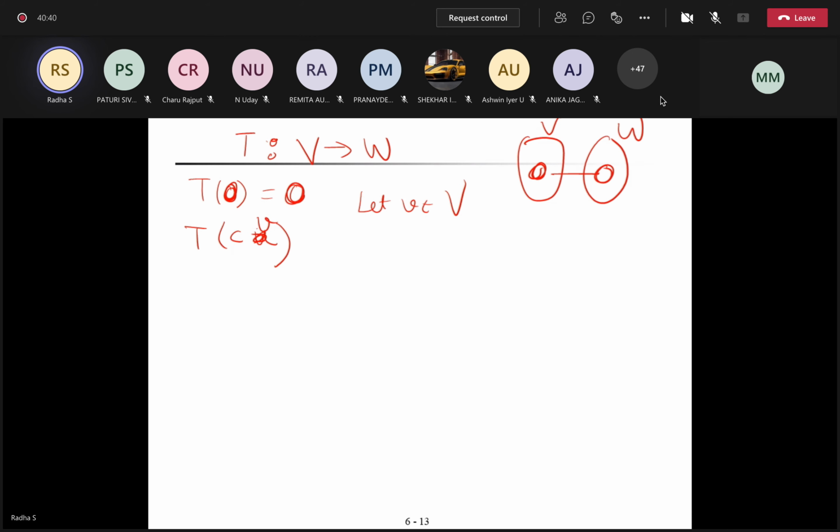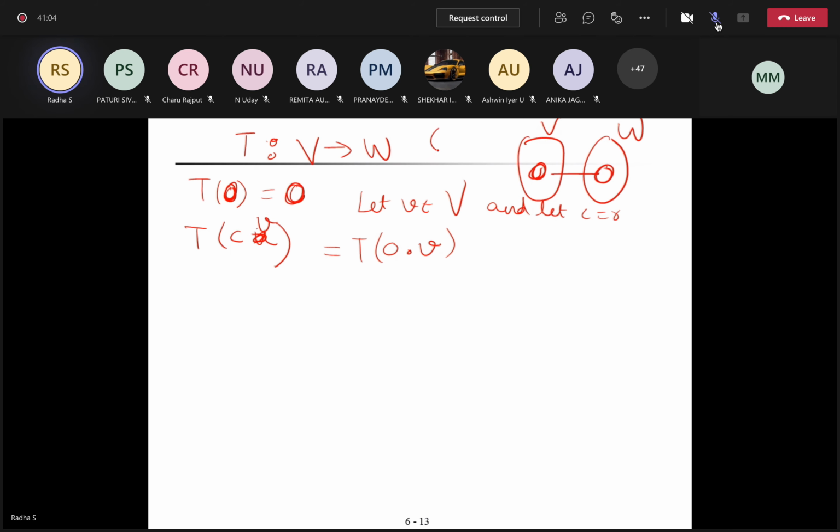And let c equal to 0 I am taking. So, it is T of 0 times v. v is a vector. 0 into v, what happens? If you multiply any vector by 0, it's 0 vector. That's very important.